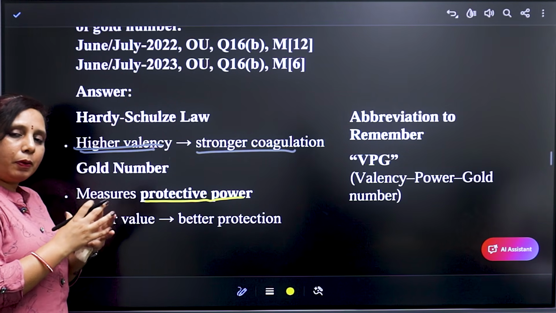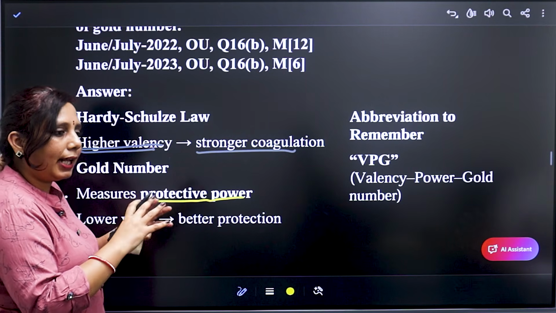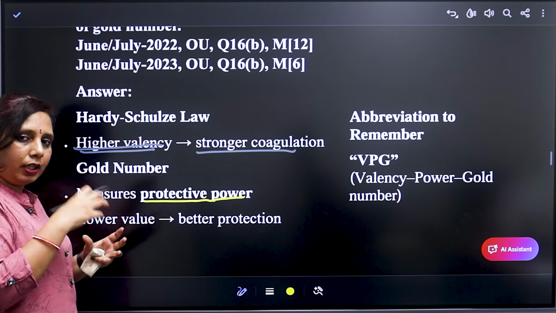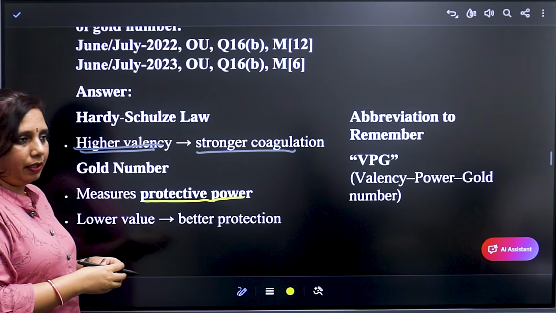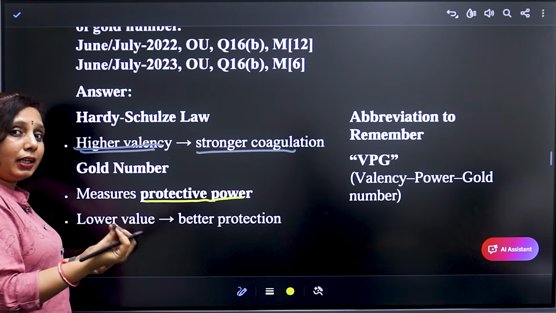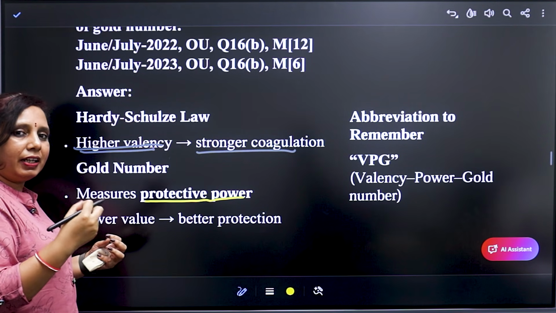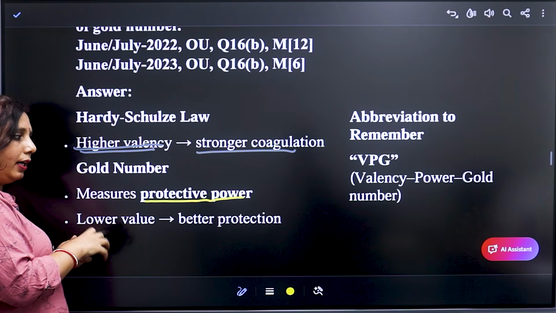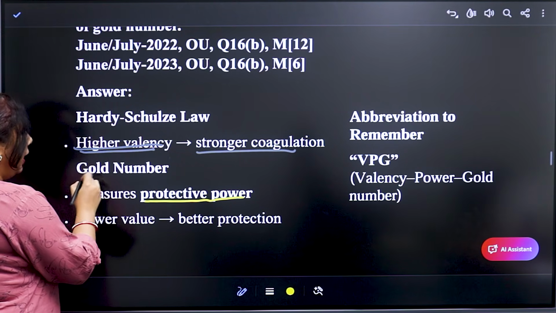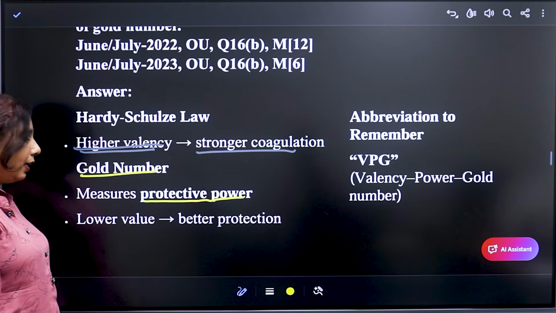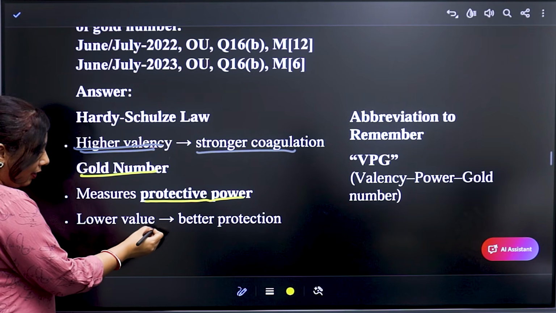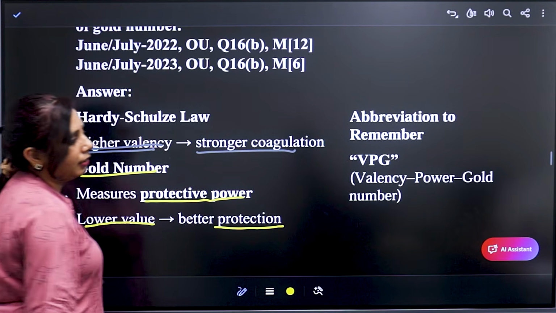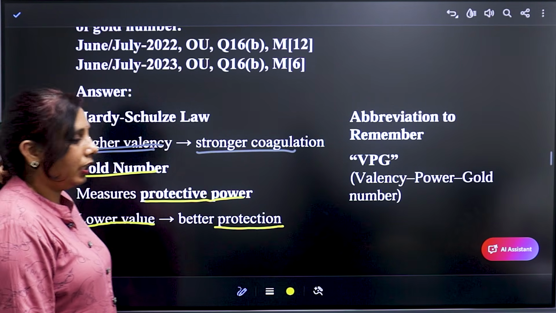That means, if a lyophobic colloid has to be protected from water, then a lyophilic colloid is to be added. So how effectively a lyophilic colloid can protect a lyophobic colloid is measured by gold number, right? So the lower the value, the higher the protection for that lyophilic colloid.